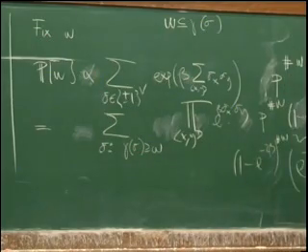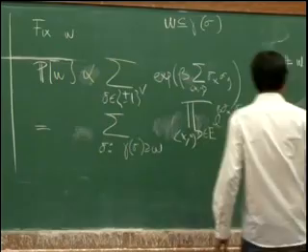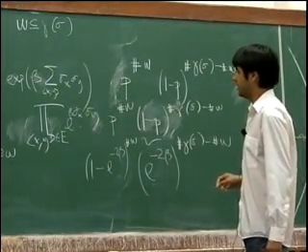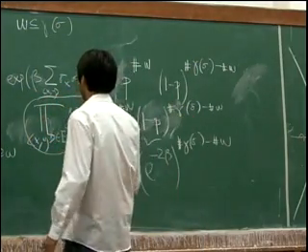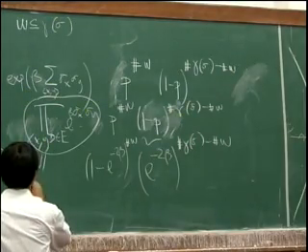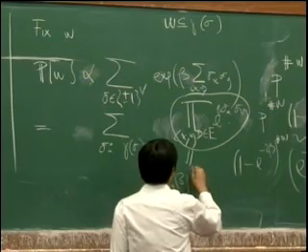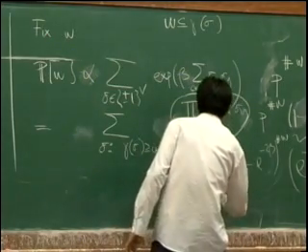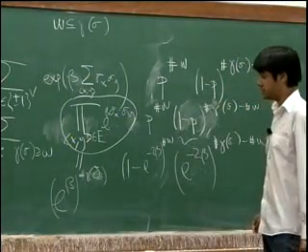And you see, I have a cancellation already. The thing is, I should rewrite this in this way: exponential of beta to the number of edges of sigma. Why so?